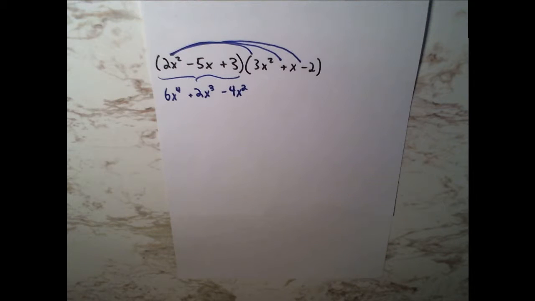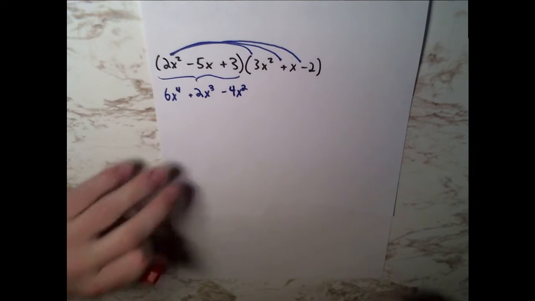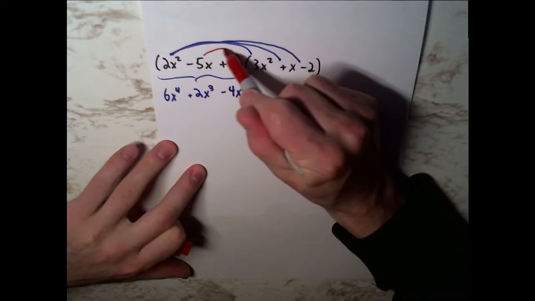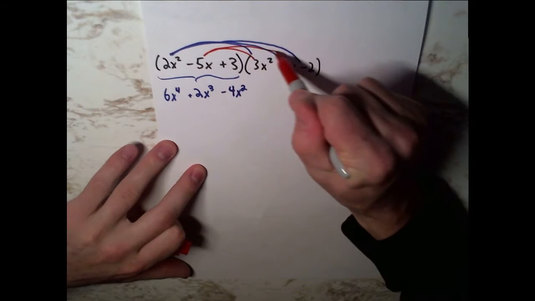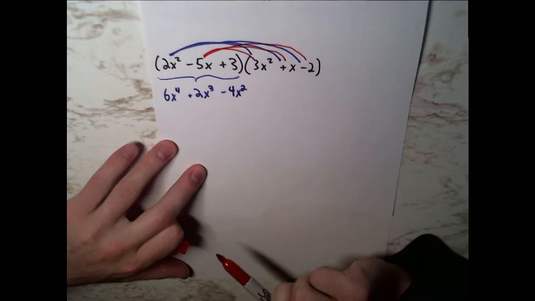Now we're going to do the same thing that we did here, only with our middle term. We're going to take our negative 5x, and it's going to get multiplied to every single term in this other polynomial.